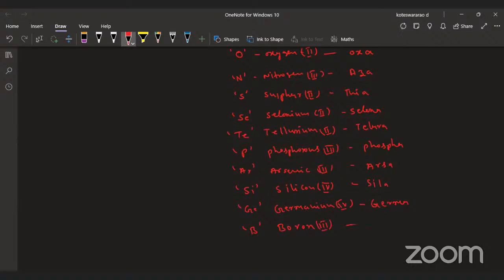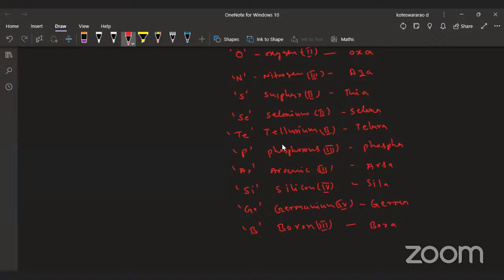And the last one, boron, with valence 3, is bora. Whenever we have 5-membered, 6-membered, 7-membered or 8-membered heterocycles with these heteroatoms, the name always starts with this prefix.